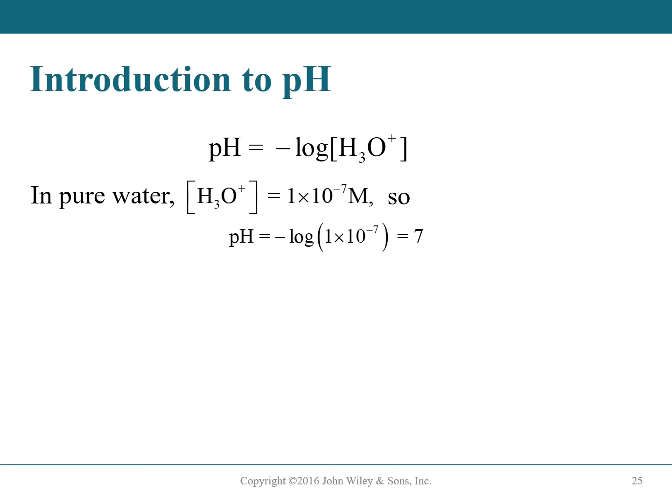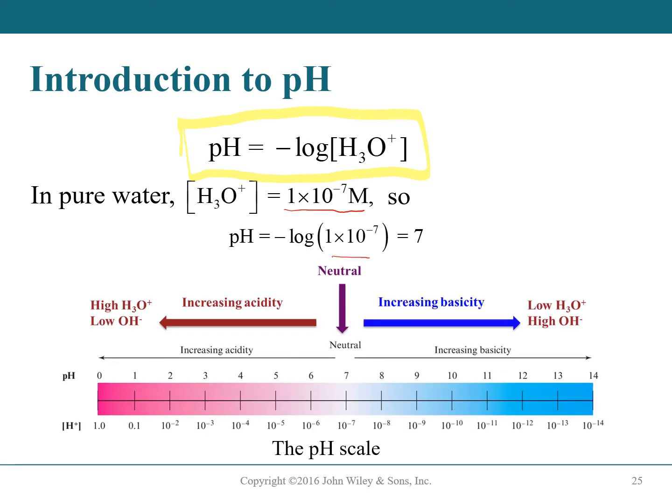Now, instead of working with a lot of different tiny exponents or large exponents, we introduce the concept of pH. And by definition, here's your formula. The pH of a solution is equal to the negative log of the hydronium ion concentration. So in pure water, at 25 degrees Celsius, the hydronium ion concentration is 1 times 10 to the minus 7th. We take the negative logarithm of this, we get 7, which means this is the neutral point.